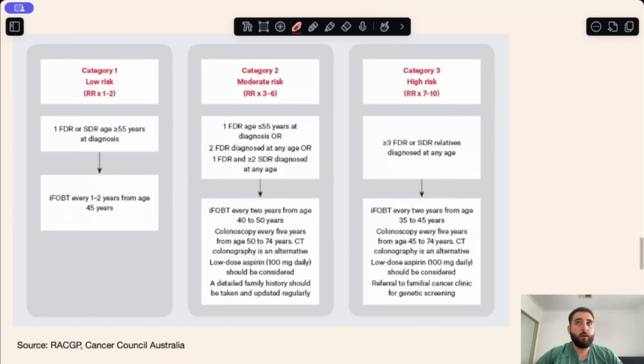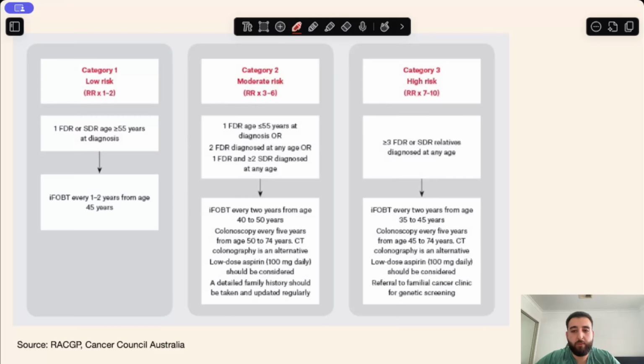Okay, so up on screen right now is a diagram taken directly from the Royal Australian College of General Practitioners and also the Cancer Council Australia website. So we've got three key categories. In order for a patient to be categorized in the low risk category, category 1, which has a relative risk of about 1 to 2 times the general population, they need to have only one first degree relative with colorectal cancer, diagnosed older than 55 years.